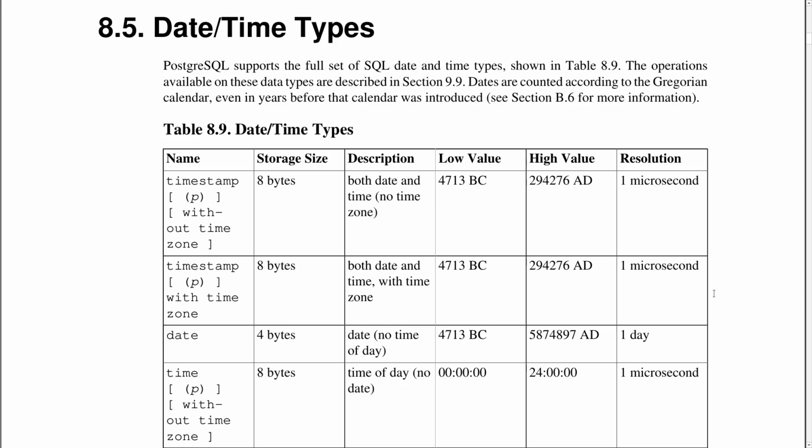Similarly, if you are building analytics software, date and time types are very crucial, or if you want to implement a time series database inside PostgreSQL, then also date time types are very crucial. One example of a time series database: suppose you have a cloud website where you have graphs of CPU, memory, network, and disk consumption.